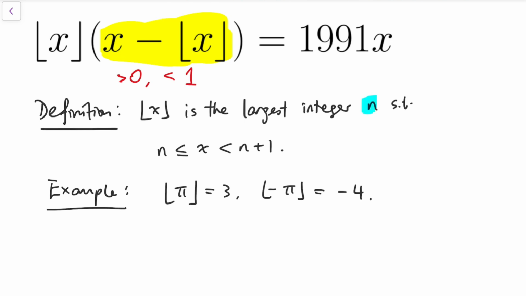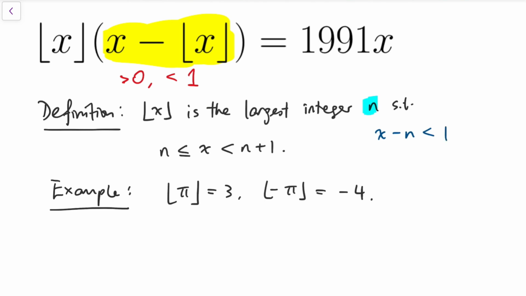So x minus n, or x minus the floor function of x, must be less than 1. So now we actually have the product of an integer, the floor function of x.